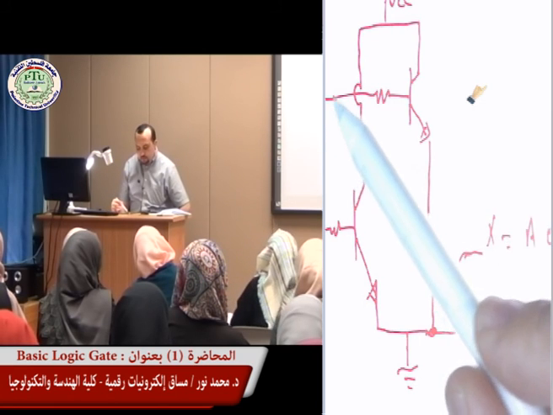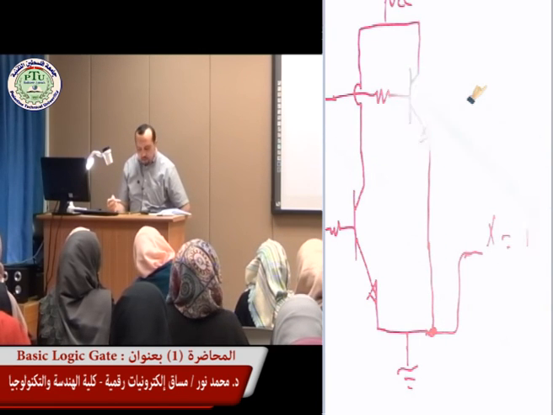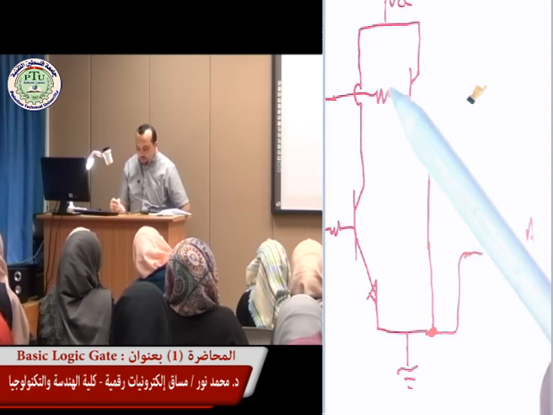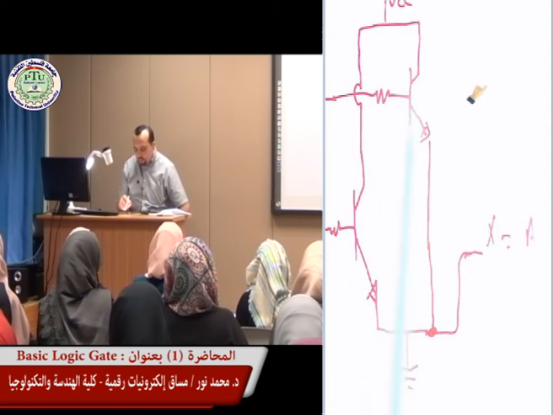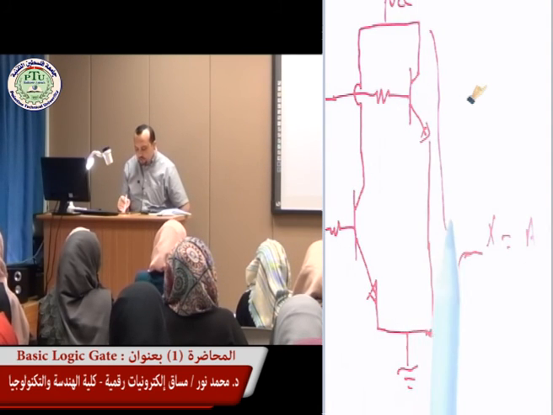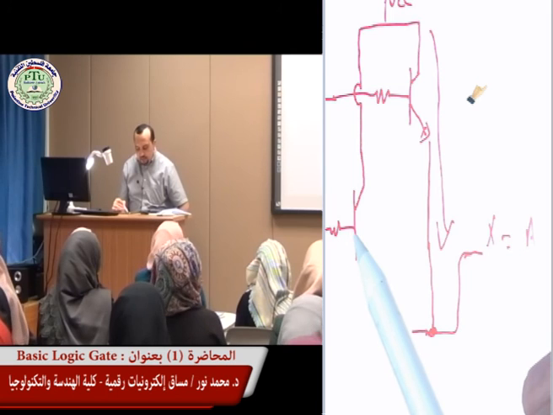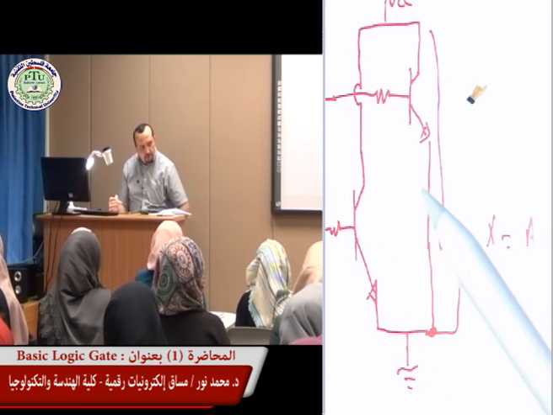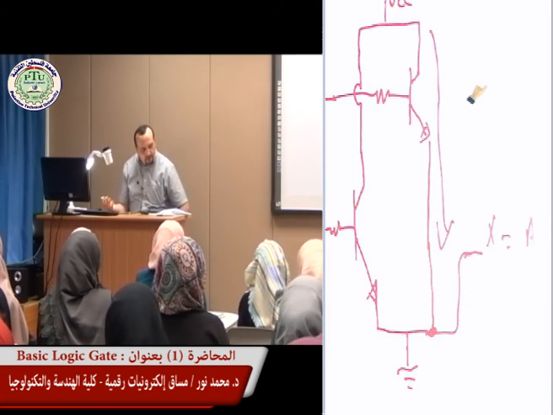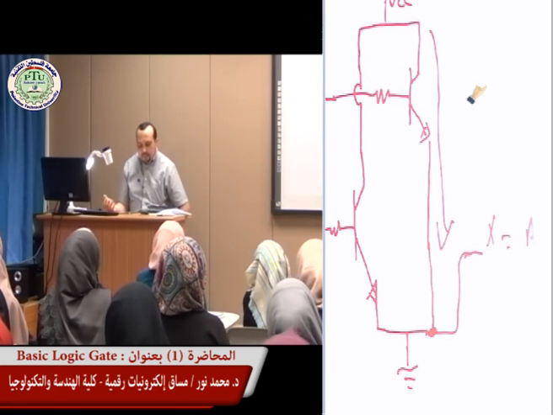But let's say if we have one of them on, how is it going to respond? If the first one is on, immediately we go with this, right? So there will be a high voltage, due to the current. If the second one to the left is on, the same thing. And if both of them are on, definitely we should have on, right?